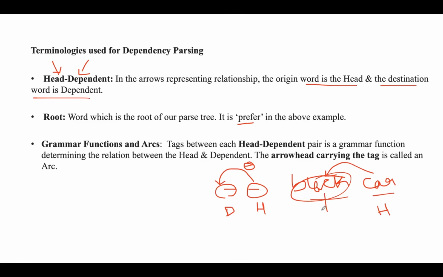By removing black, there is still meaning for car, right? That is the difference between the head and dependent word. There can be a head word without a dependent, but there is no dependent without the head word. This is one more example, house and new. New house.